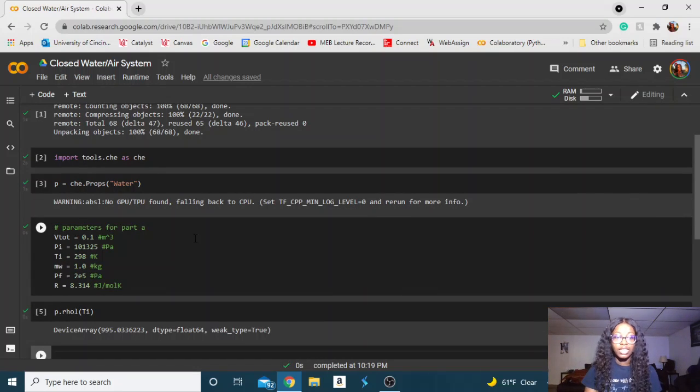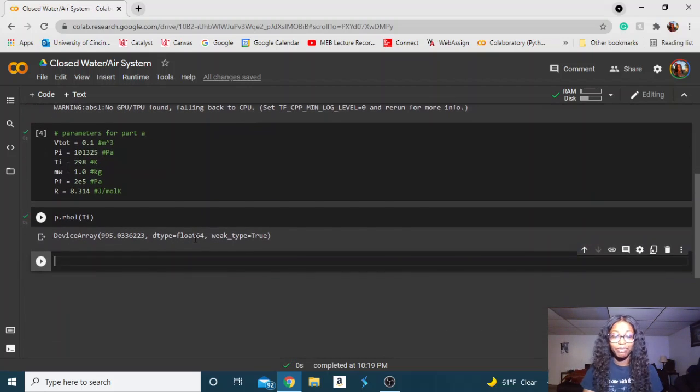And so it's saying that the density for liquid water at our initial temperature will be 995 kilograms per cubic meter, which is not that far from what I stated the density of water was, which was 1,000 kilograms per cubic meter. So I have no worries, that is perfectly fine. And it's at a higher accuracy, so we will be okay with that.